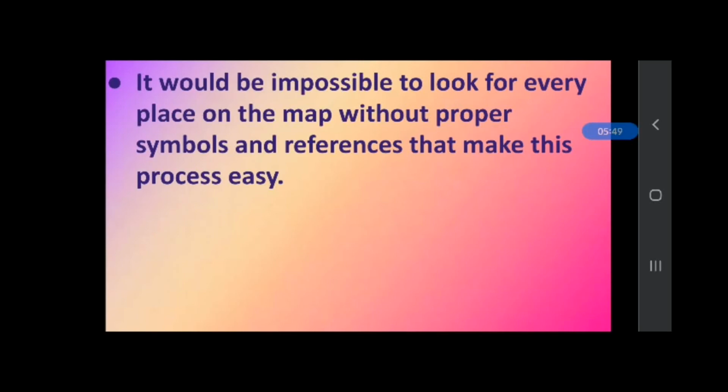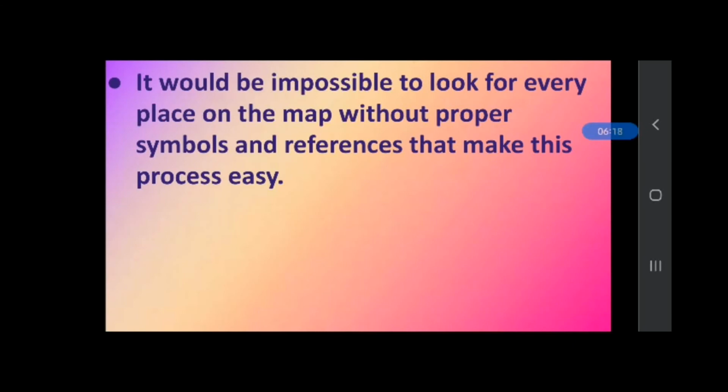There are many different locations on the earth. It would be impossible to look for every place on the map without proper symbols and references. References means something which gives us information. So without proper symbols and references, this process would not be easy.